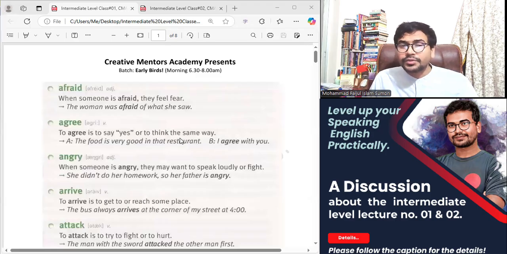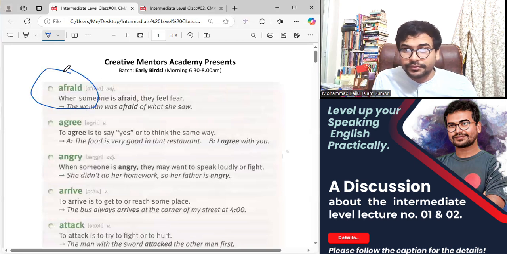Okay, suppose you have read the word afraid. Here you can also see the pronunciation of the word, and which part of speech it is. You can see there are three boxes, right?